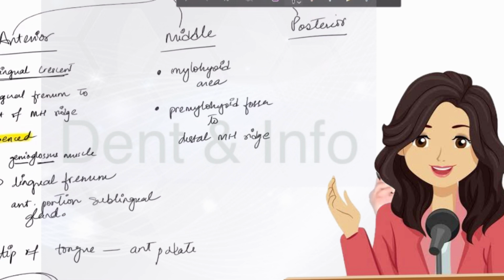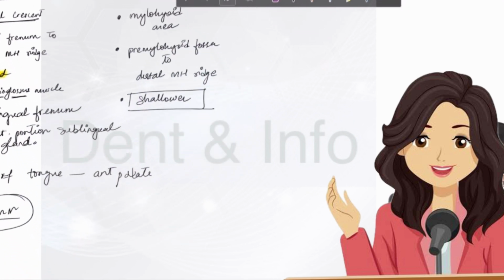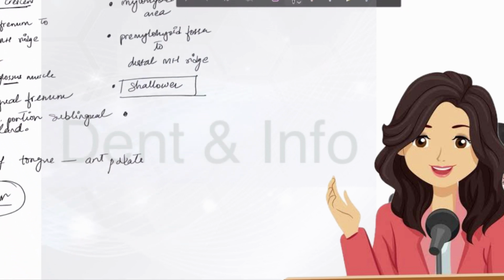So it is the area in the region of your mylohyoid ridge. Now this is a slightly shallower area because of the presence of the muscle, and the curvature that you see here, the impression border, is mainly due to the prominence of the muscle which is present here.